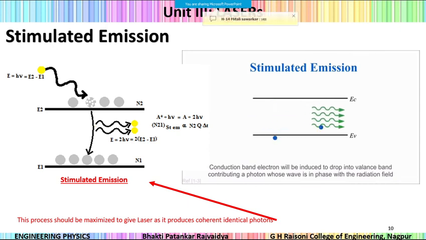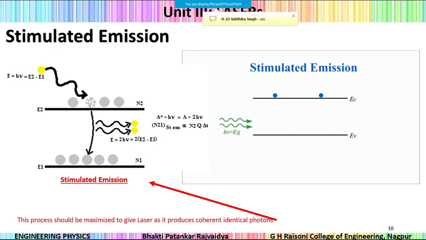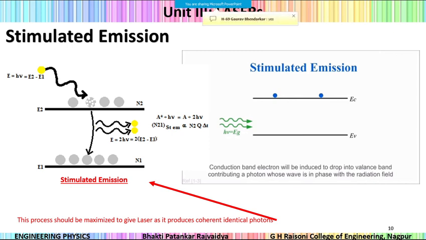Yes, respond immediately and tell me which process will give you laser, which process should occur more to get laser. Yes, very good. So stimulated emission will give you laser.